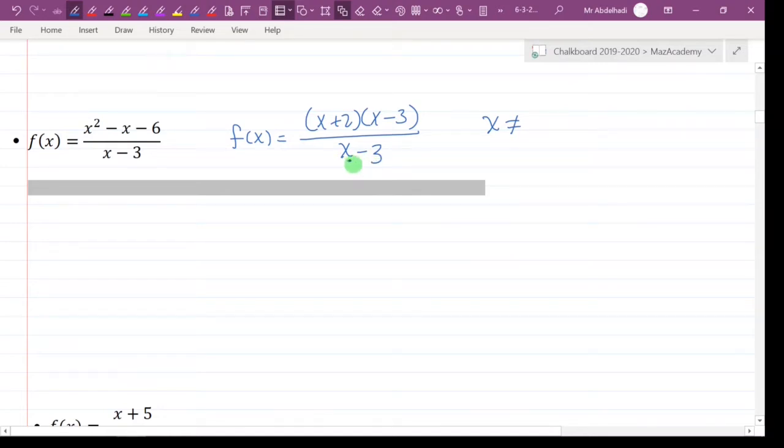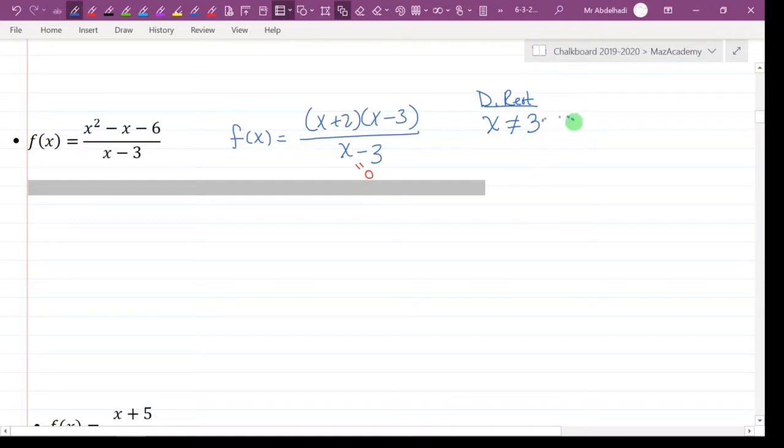Not -3. This time, +3 would be a problem, right? Because if you set the denominator equal to 0 and solve x minus 3 equals 0, you get x equals 3. And you don't want the denominator to equal 0. So if x was +3, this would be a 0, which is bad. So your domain restrictions are that x cannot equal 3.